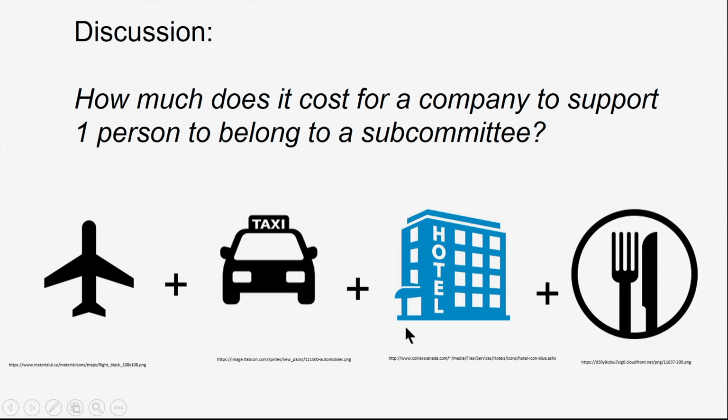People are going to stay in a hotel. They're not looking for luxury hotels, but often you're in an urban setting and you're talking about $150 or $200 a night for a hotel. And then finally you need to worry about food and maybe $50, $75 a day, depending upon the location, the per diem, whether breakfast and lunch is supplied by the site, who's the host, and so forth. But it's not unusual for this total to be $2,000 or $3,000.